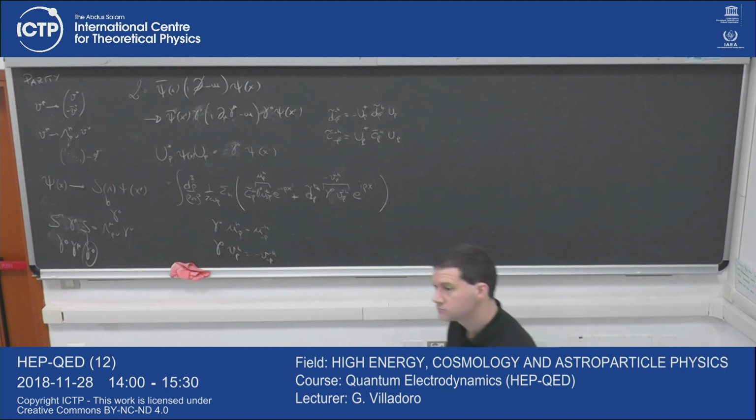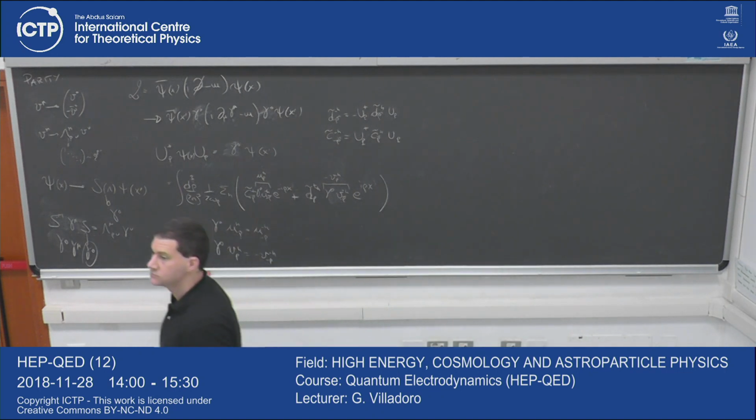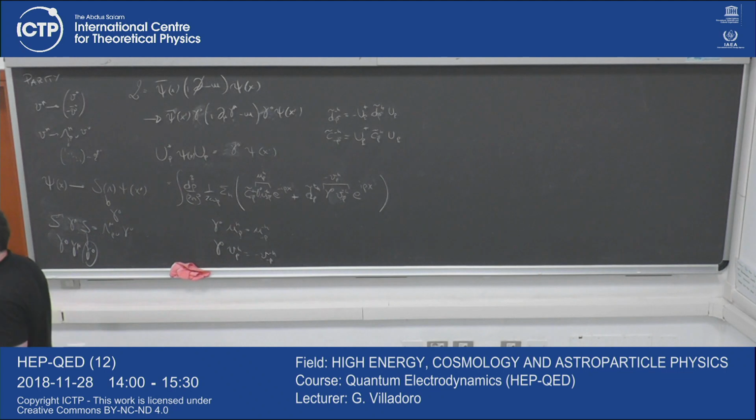Pseudovectors also exist outside of the spinor context or gamma matrix structure, right? Like r cross B is also transformed as a pseudovector under this parity transformation. You didn't need to refer to a gamma matrix structure.